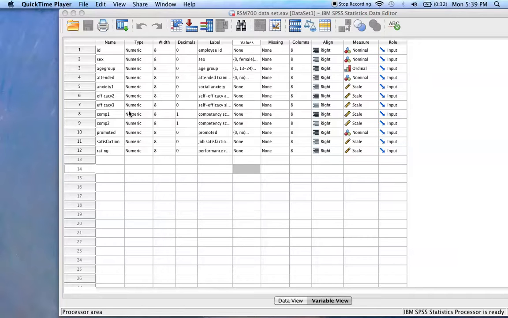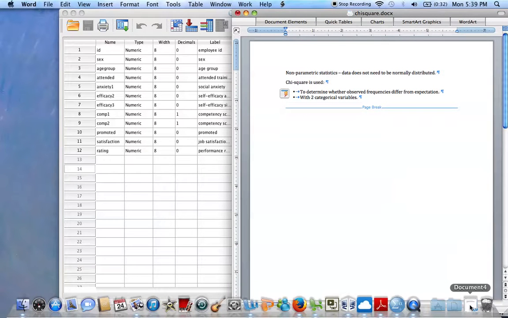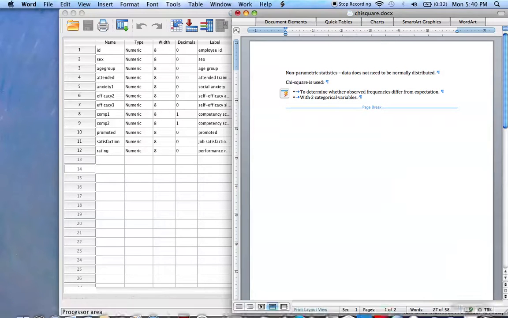This type of test is not as sensitive, but it's also not as fussy. So you may miss something significant, so we only use it when you can't do a parametric test. Chi-square tests are used to determine whether observed frequencies differ from expectation, and we use it with two categorical variables.